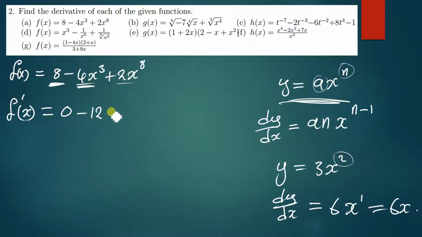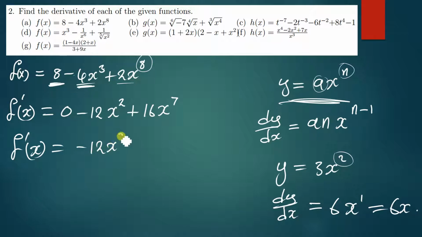And we have x, we subtract 1 from 3, we're going to have 2 there. Then we say plus 8 times 2, this will give us 16. Then we have x, we subtract 1 from 8, we are going to have 7. So the derivative of f of x is therefore going to be equal to negative 12x squared plus 16x to the power 7. So this is the derivative of the first function there.